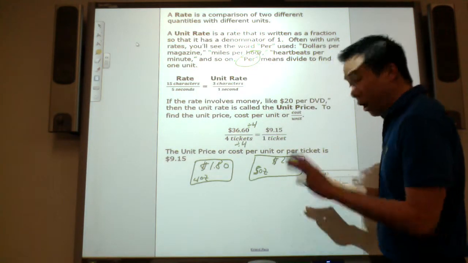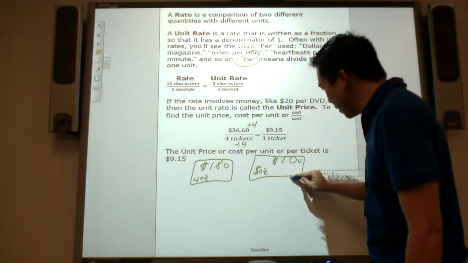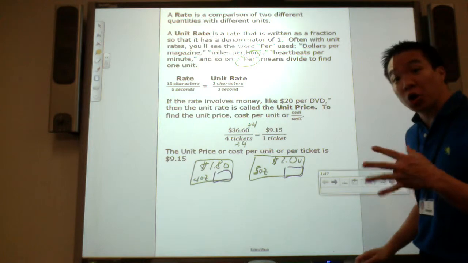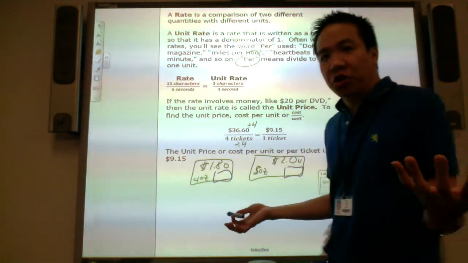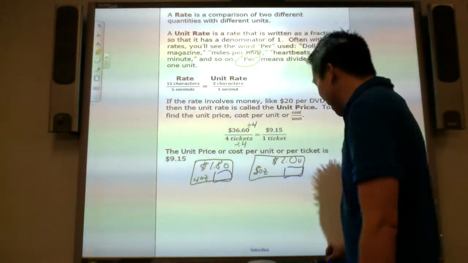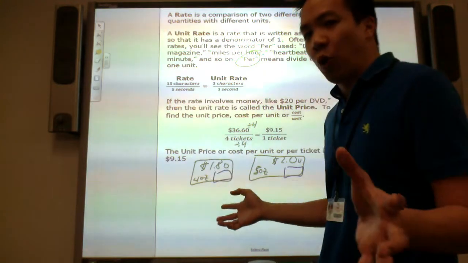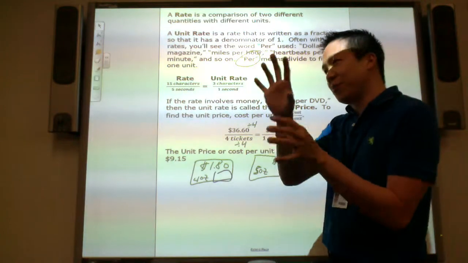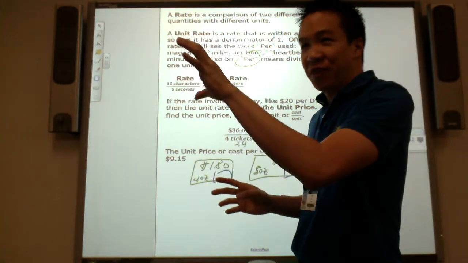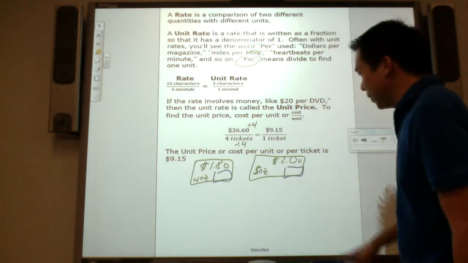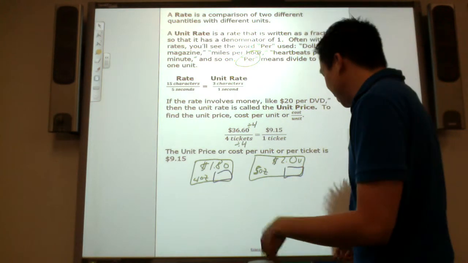Because on the label, whenever you go grocery shopping, there's always on the corner how much it costs per ounce. That's a unit price. I don't know if you realize that. I always use that for comparison. Whenever I go to Walmart or something, I always compare the different brands. I say, okay, is the Great Value brand going to be cheaper than the name brand? Of course, it is generic. And I always like comparison of two prices.